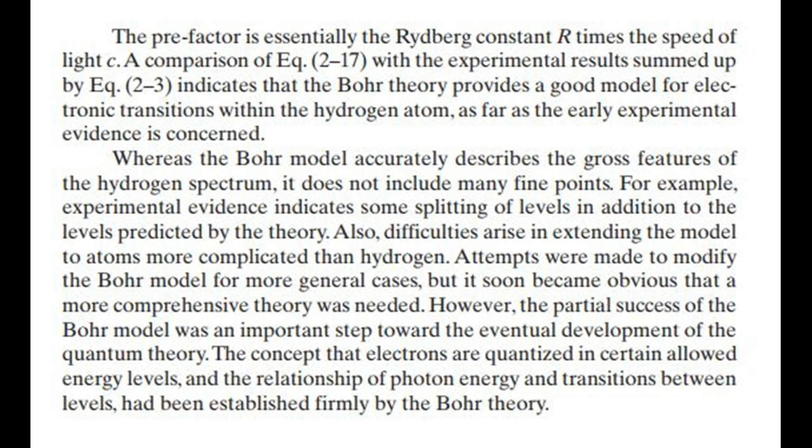Attempts were made to modify the Bohr model for more general cases, but it soon became obvious that a more comprehensive theory was needed. However, the partial success of the Bohr model was an important step toward the eventual development of the quantum theory. The concept that electrons are quantized in certain allowed energy levels, and the relationship of photon energy and transitions between levels, had been established firmly by the Bohr theory.